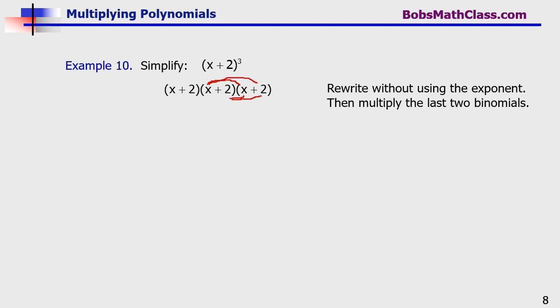And then when we get that answer, we're going to put it in parentheses. And then we're going to take care of that first x plus 2. Okay, so what we got here is x squared plus 2x plus another 2x plus 4. So that's where the 4x in the middle comes from.